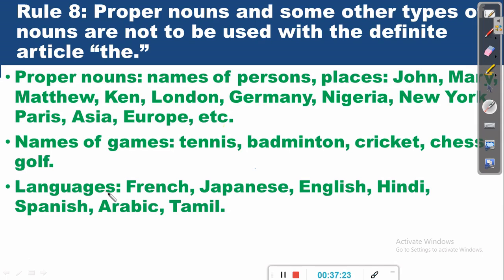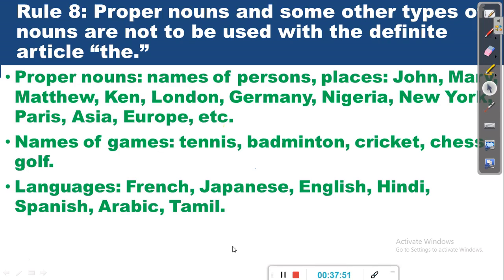Now, examples of languages are French, Japanese, English. All right. So when we are talking about languages, English, Hindi, Spanish, Arabic, Tamil, we don't use articles with them.